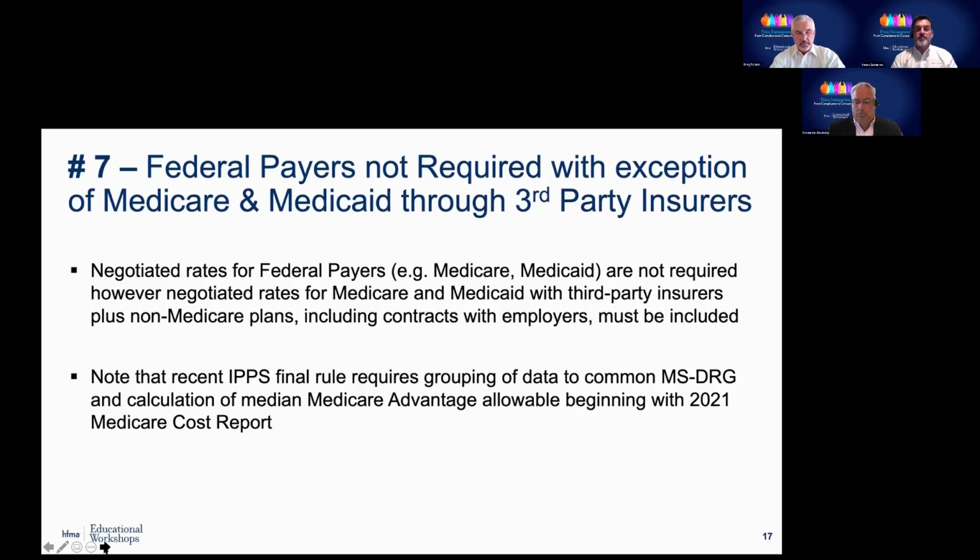Also, the recent IPPS final rule requires grouping of data to common MSDRGs and calculation of median Medicare Advantage and allowable payment levels. Accordingly, what we're suggesting for our clients is we're processing their historical claims and regrouping all inpatient claims through the MSDRG grouper and performing these calculations as I noted before.